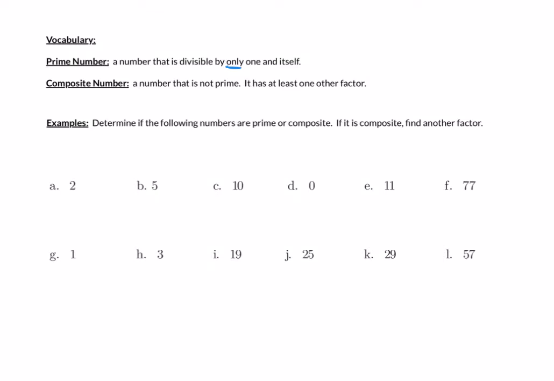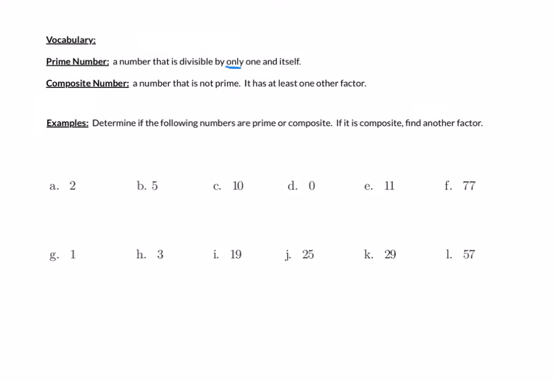Prime numbers, these are the only factors that number has. On the other hand, we have composite numbers. A composite number is a number that is not prime, which means it has at least one other factor. All of the numbers that we saw on the last slide were composite numbers because we did have other factors.